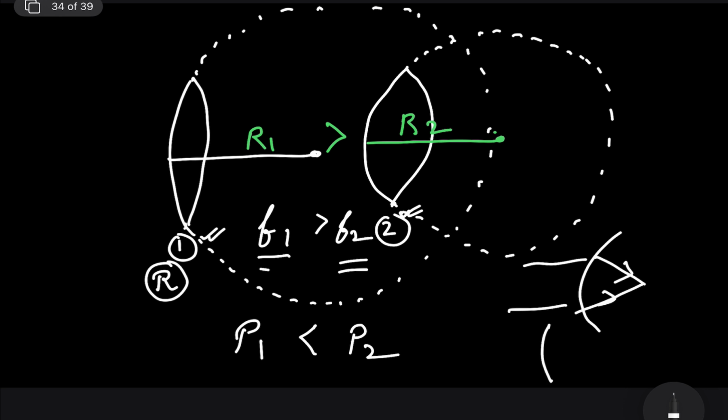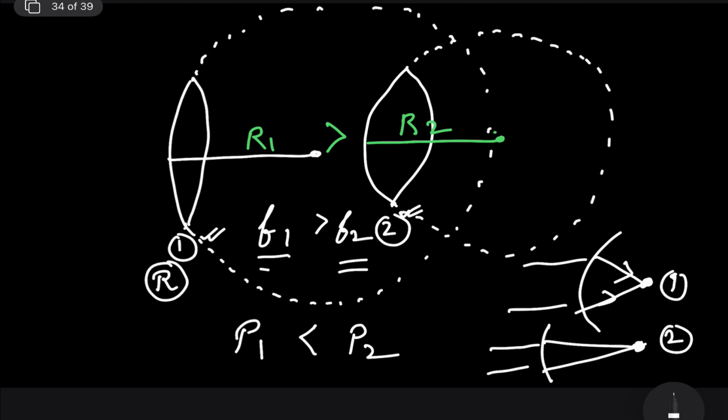Suppose this is a flatter surface, the converging power of this will be lesser, whereas this is a more curved surface, so the converging power is more. This is the first case, this is the second case. So what I'm trying to say is, the more curved the anterior surface of the lens, the more its converging power. That is all I want to say.